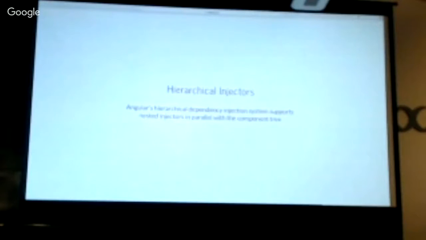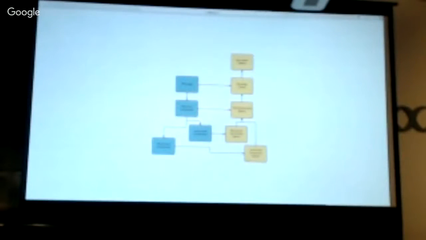Now these injectors are hierarchical. So instead of just having one injector that's global, it's going to build up this hierarchical injection system matching your component tree. So let's say I've got a simple heroes application that's got a list component, and then for each slot in the list, I'm creating a card for each of the different heroes in my list.